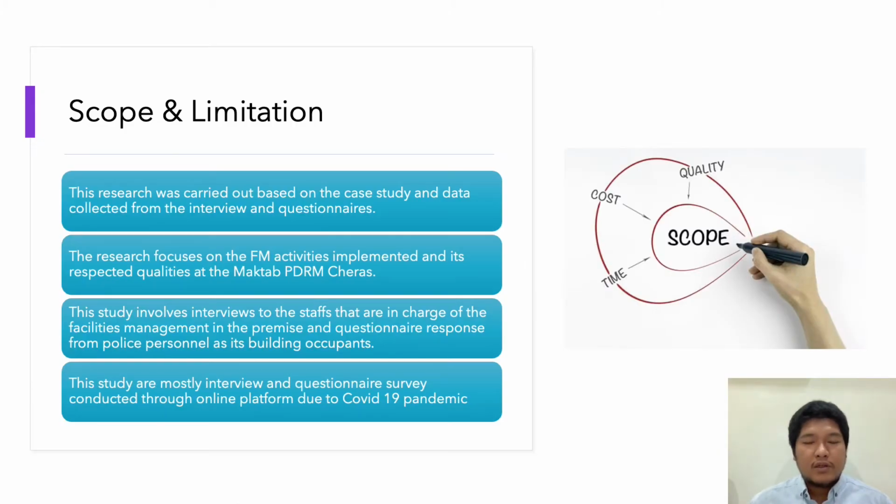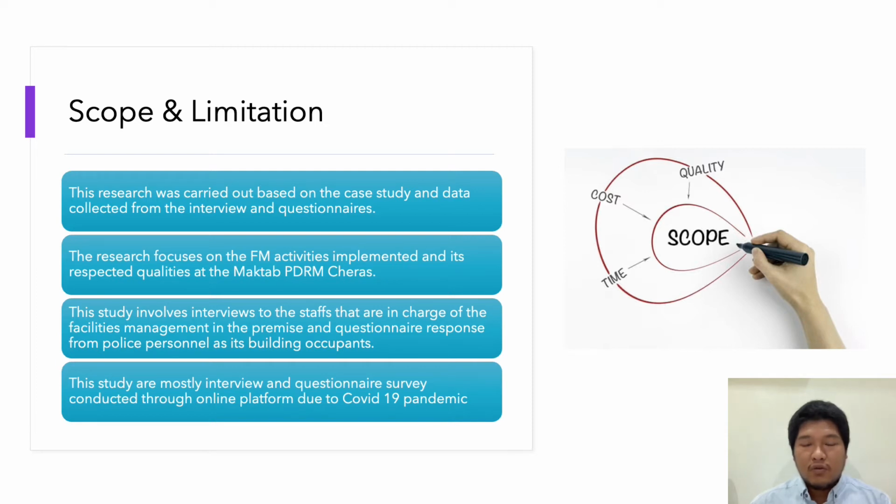For scope and limitation, in this dissertation, there are a few scopes and limitations. We can't deny them. The first one is, this research was carried out based on a case study and data collected from interview and questionnaire. So it involves two types of method in the study, which are qualitative method and quantitative method, because it involves a semi-structured interview for objective 1 and interview and questionnaire survey for objective 2.